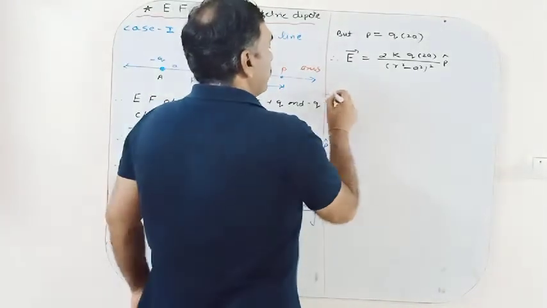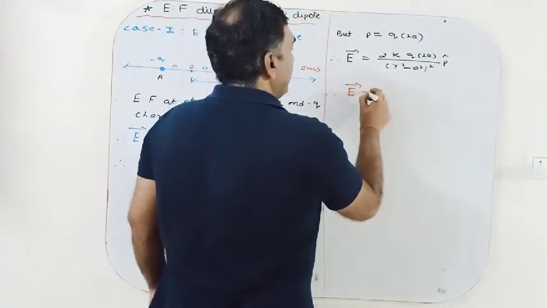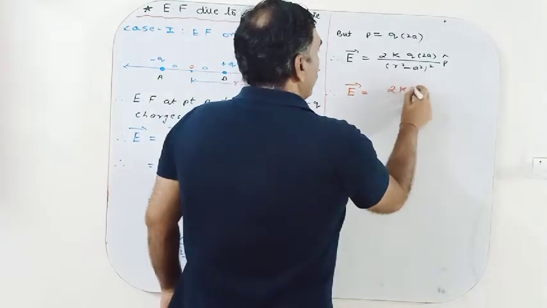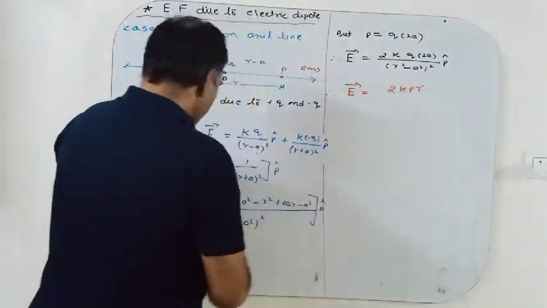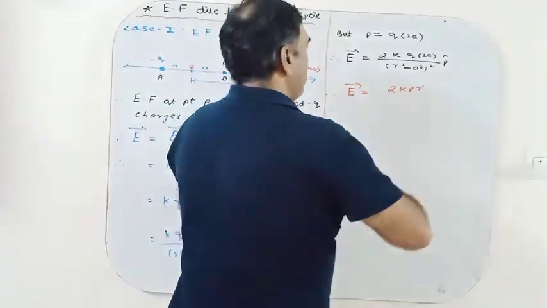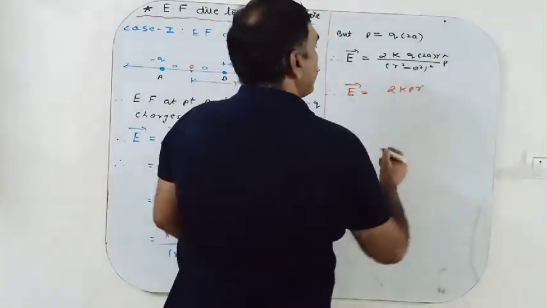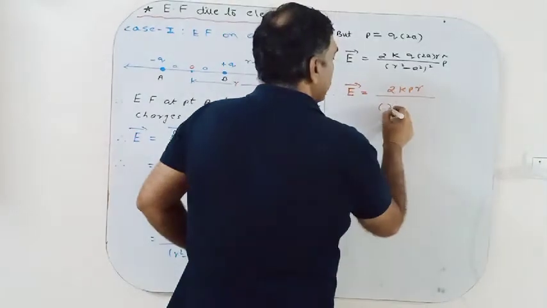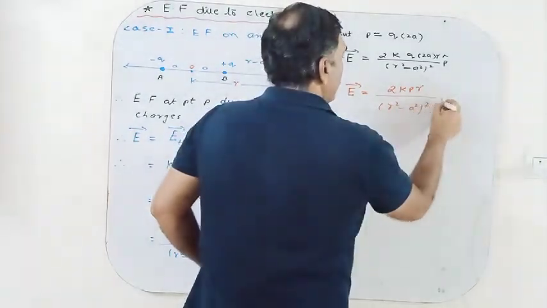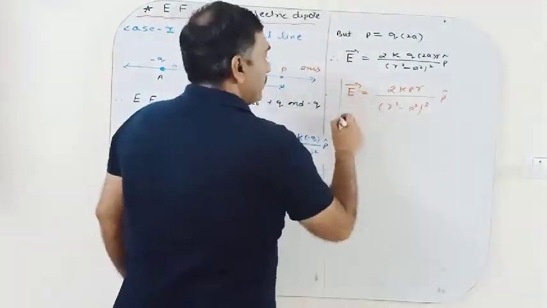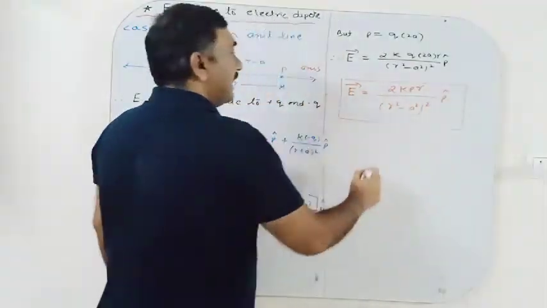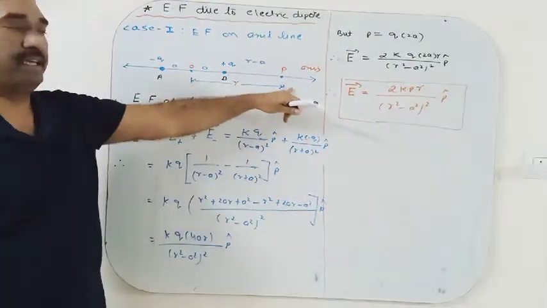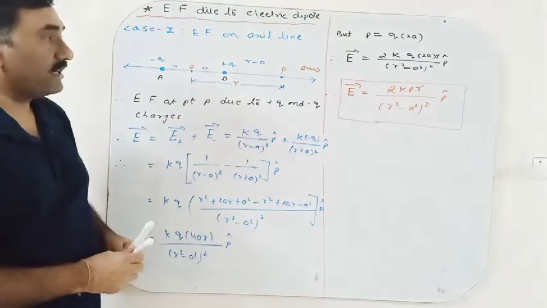So finally we get the electric field E equal to 2kpr upon r square minus a square whole square, in the direction of p caret. This is the formula for the electric field at any point P on the axis of an electric dipole.